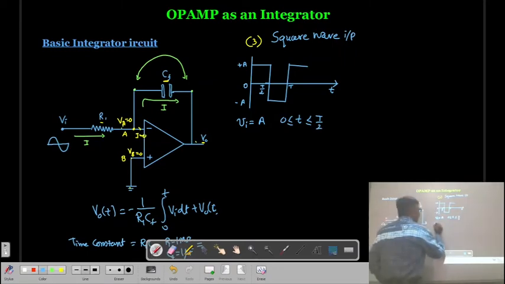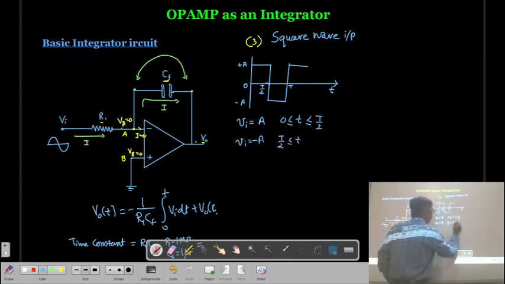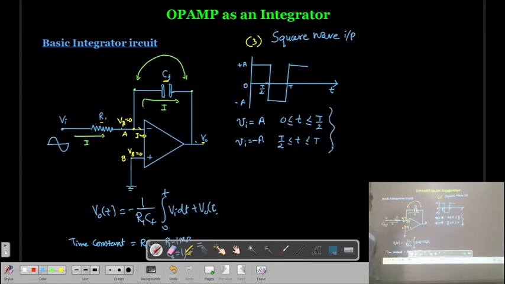The input voltage is minus A, and what is the time period? Time period is between T by 2 and T. So in this way, we can describe the square wave.